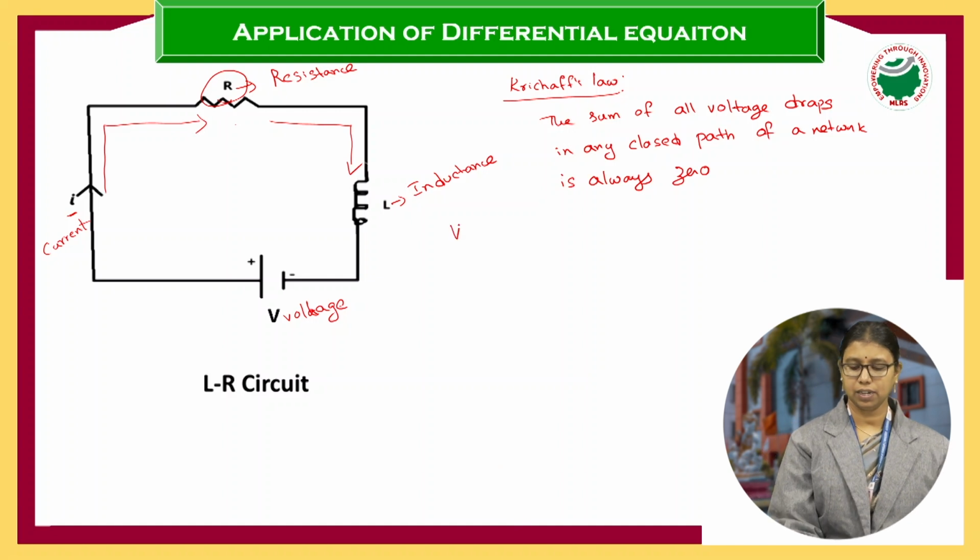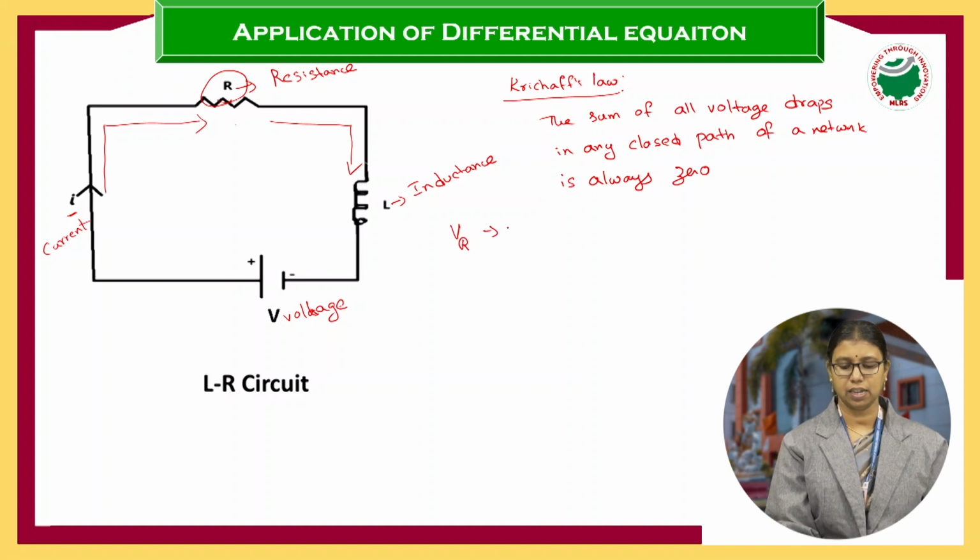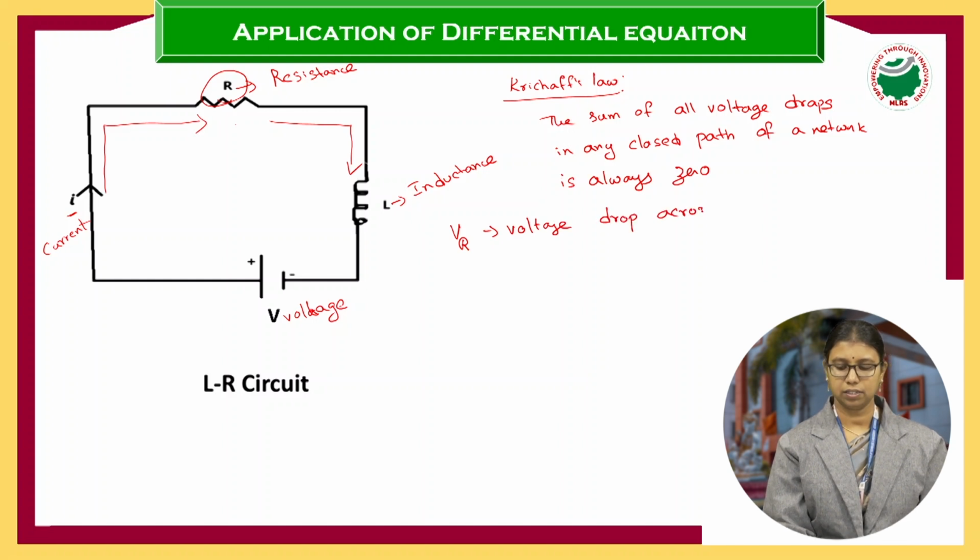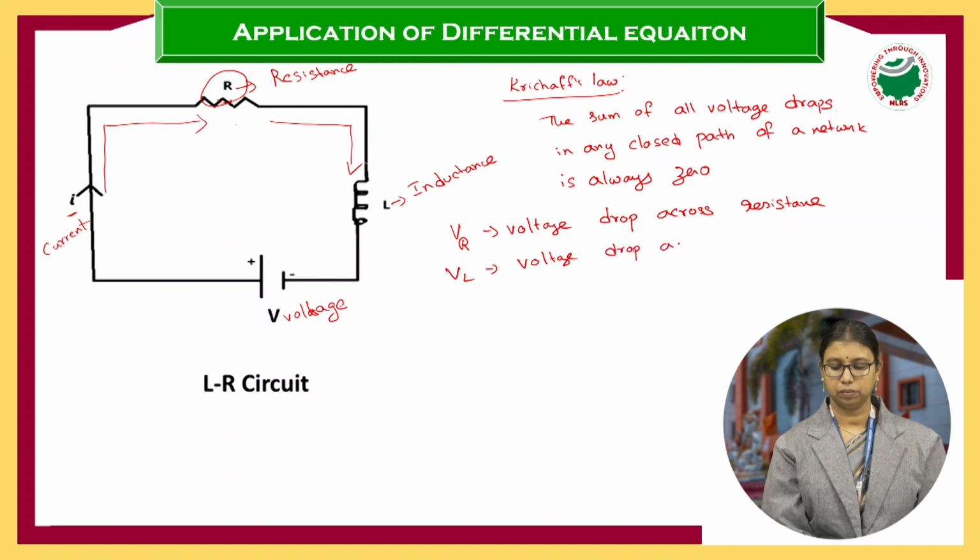So I will represent the voltage drop across resistance as VR, and VL is the voltage drop across inductance.